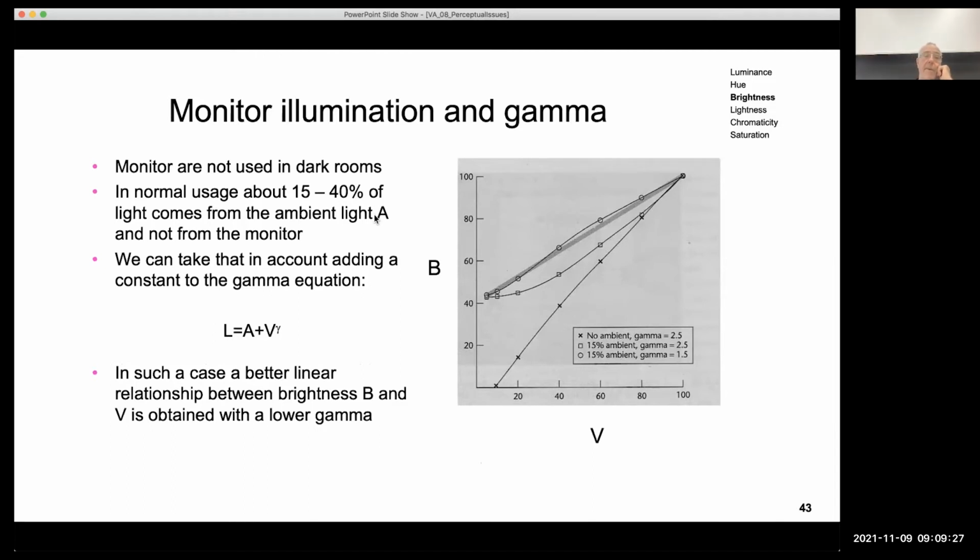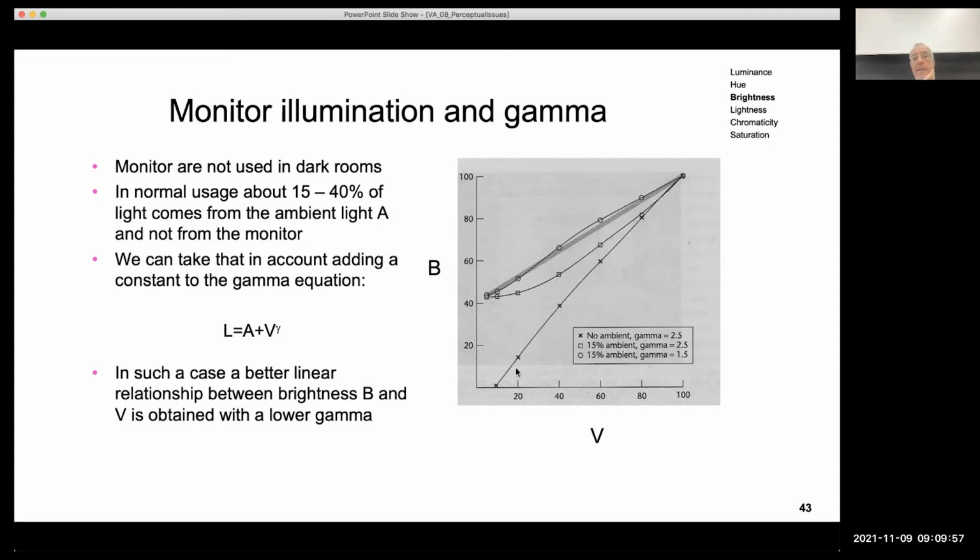So around 15% to 40% of the light comes from the ambient light, not from the monitor. In this case, we have to add this quantity to the luminance produced by the volt. So the total luminance is the sum of the ambient light plus the luminance coming from the monitor.